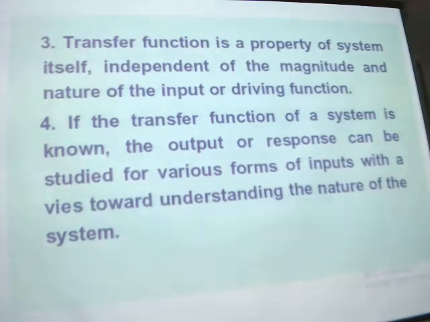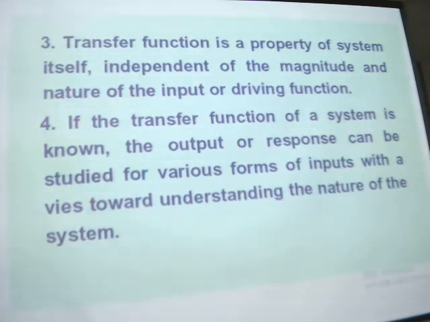The third, the transfer function is a property of the system itself, independent of the magnitude and the nature of the input or driving function. It reflects the system itself, not related to others, such as input and output.